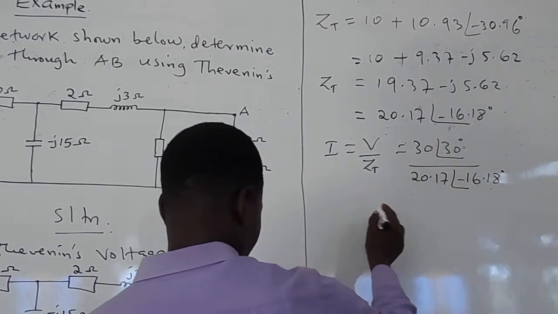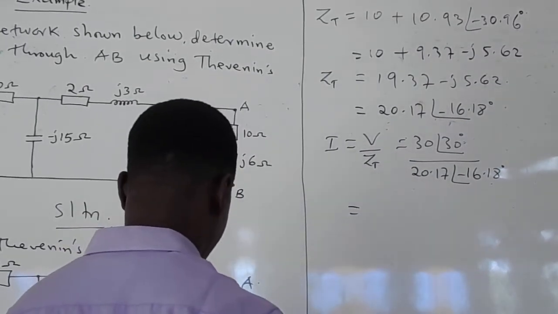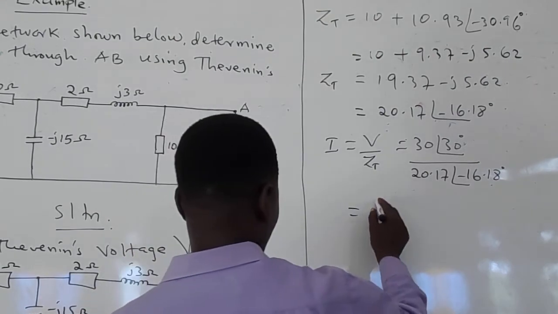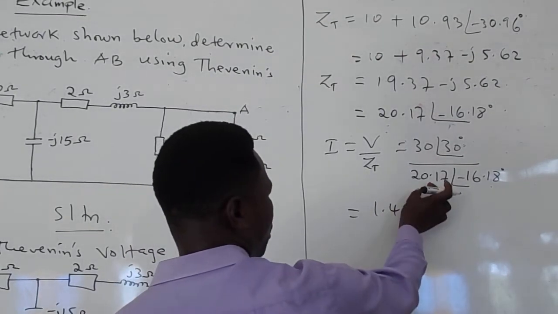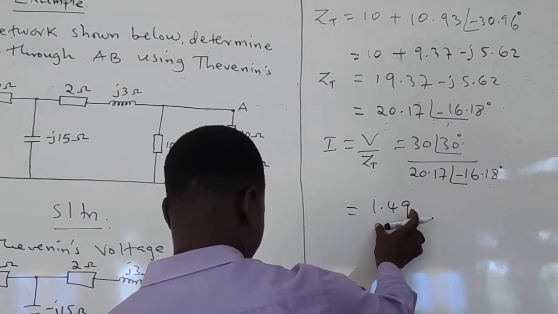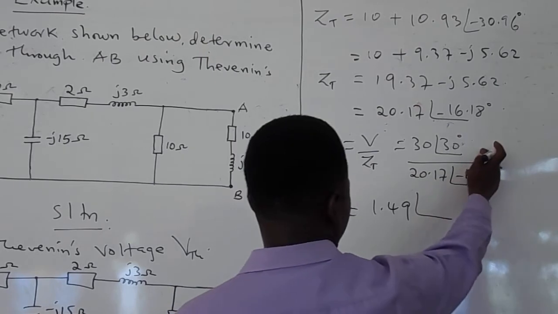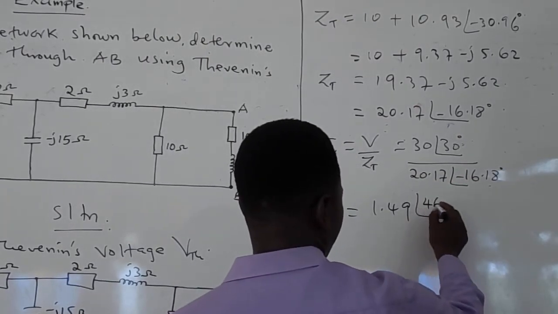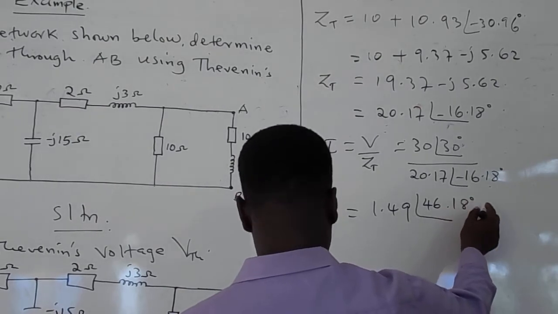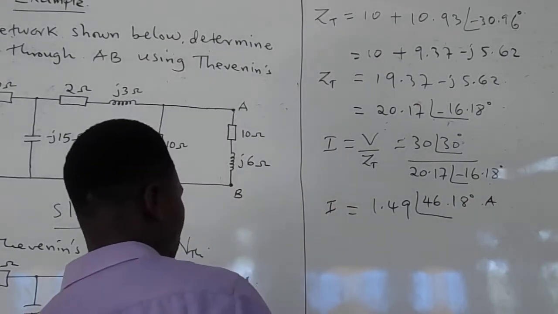So when that is solved, we'll actually get the current supplied as 1.49. That is obtained by dividing 30 by 20.17 to give us this at an angle of 30 minus negative 16.18, and that will give us 46.18 degrees. So this is the current that is supplied by the source.